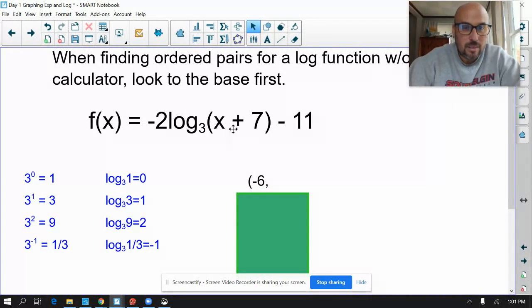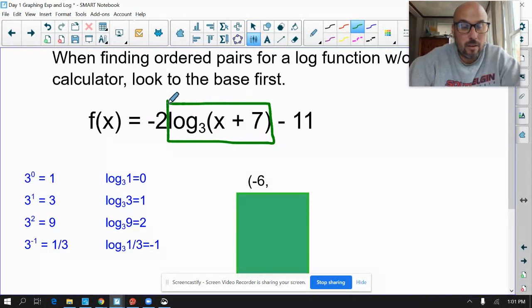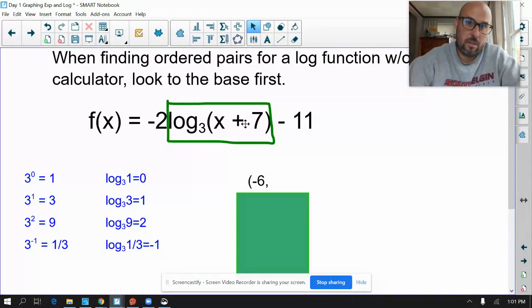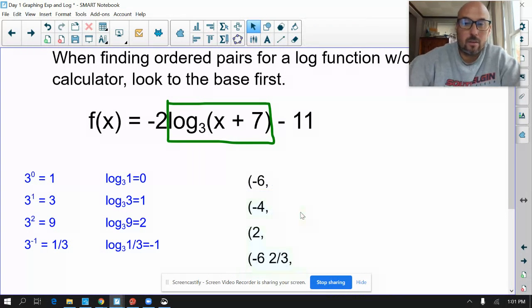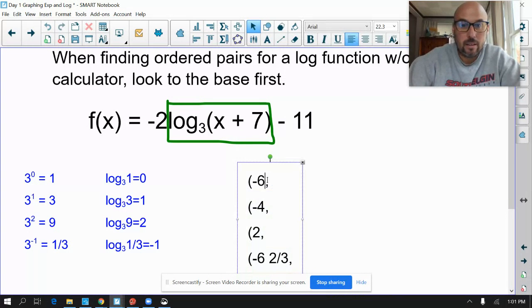If x is -6, then this becomes log base 3 of 1. And log base 3 of 1 is 0. So this is -2 times 0, which is 0, minus 11. So it results in -11.